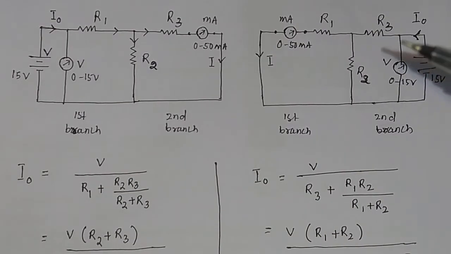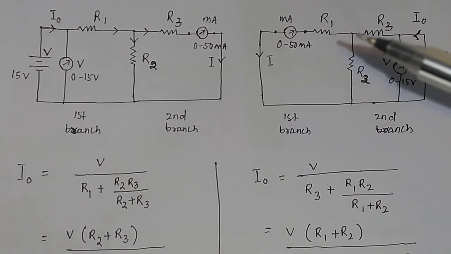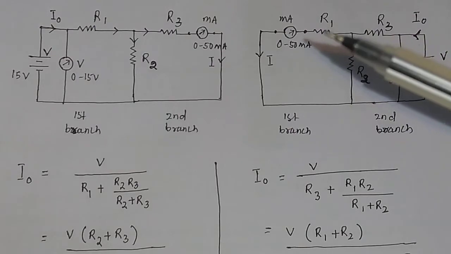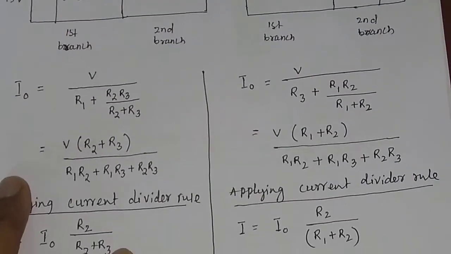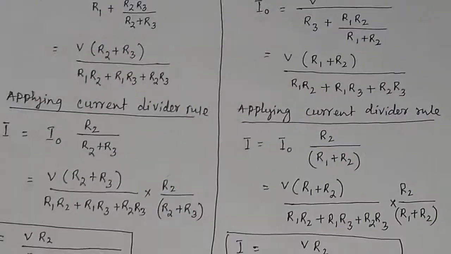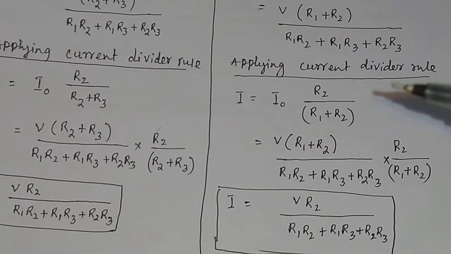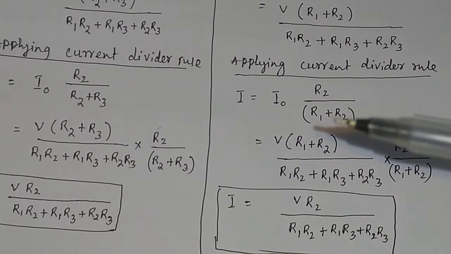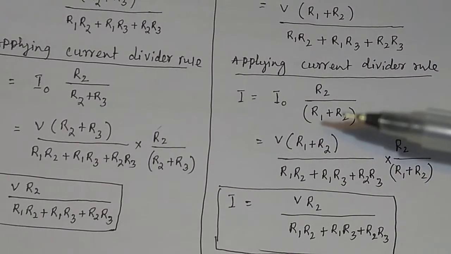So after calculating I0, you apply your current divider rule. How current will divide through R1 or R2. But we need the current through R1. So applying the current divider rule, I will be equal to I0 into R2 divided by R1 plus R2. This is the current through the resistor R1.